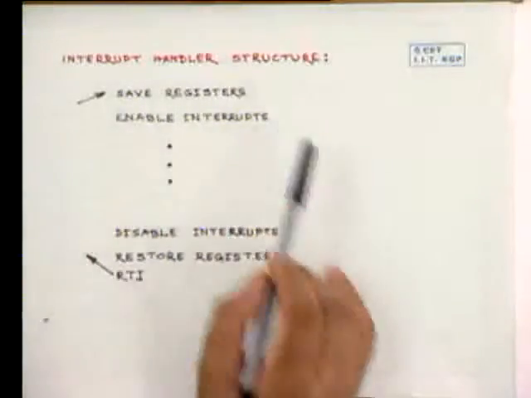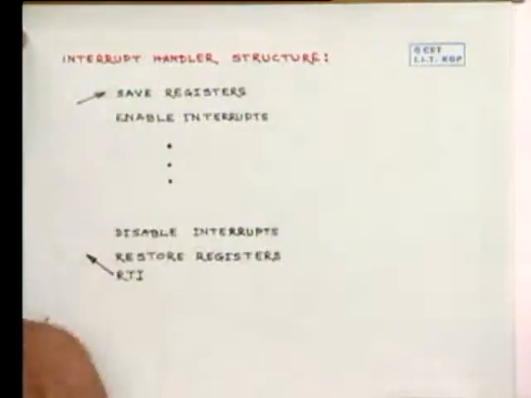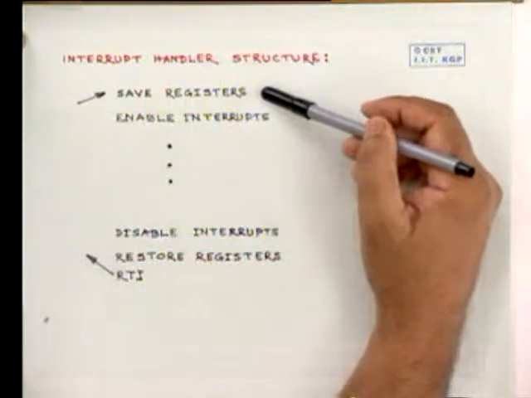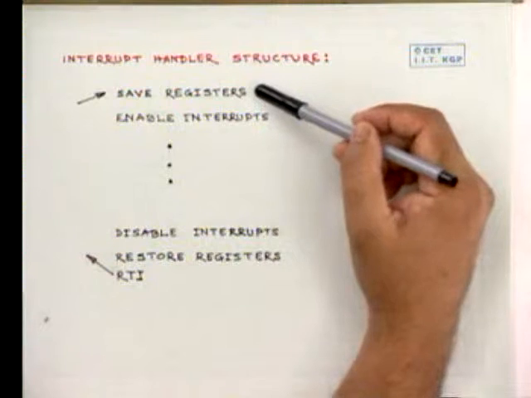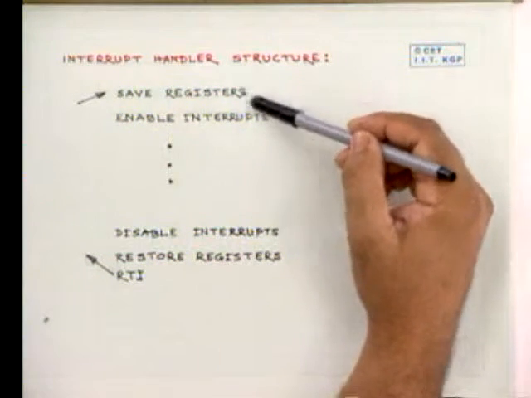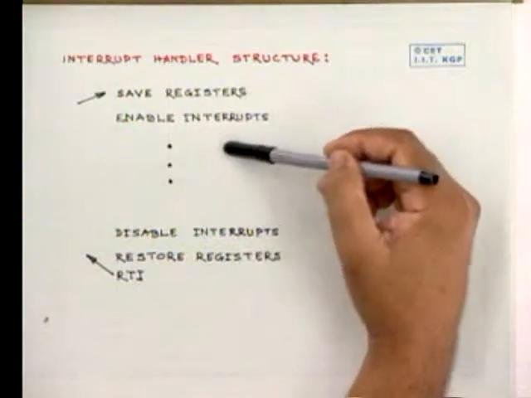Now, let us come to the interrupt handler structure. Say we have entered the interrupt handler here. Basically, the system will not be in the interrupt handler for very long.